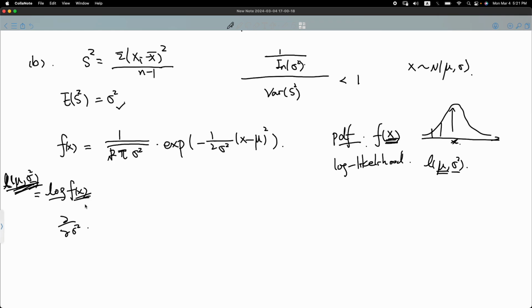Does that make sense? So we're basically looking at the same formulation. They look exactly the same, but from a different perspective: one from the perspective of a random variable, and the other from the perspective of the parameter.